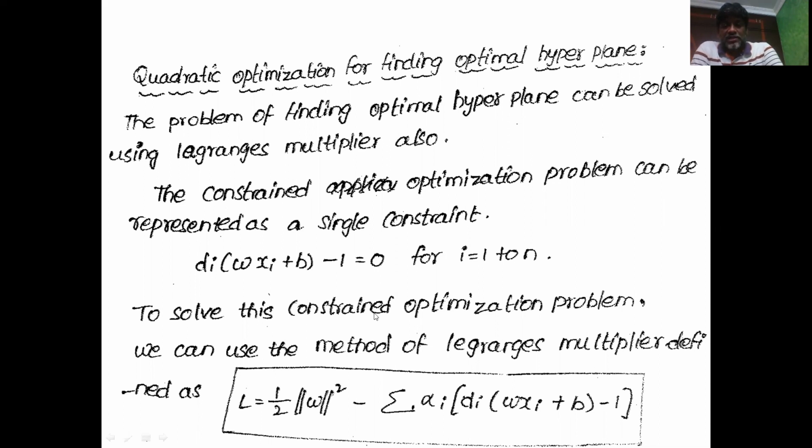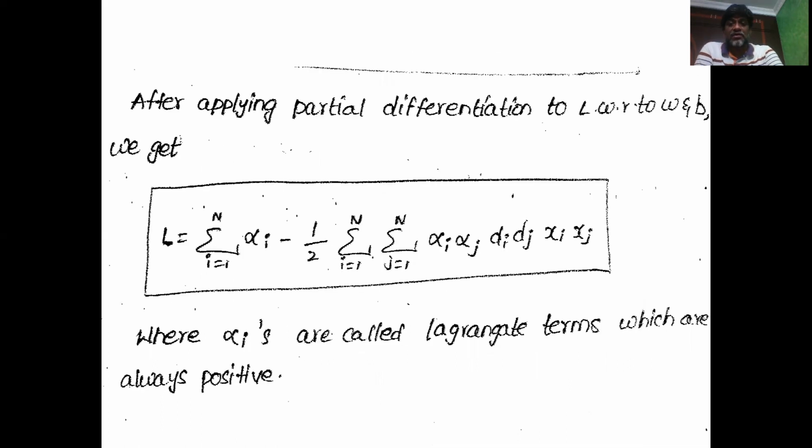The Lagrangian is defined as L is equal to half into mod w whole square minus summation alpha i into di of wxi plus b minus 1. This is another way of solving it.